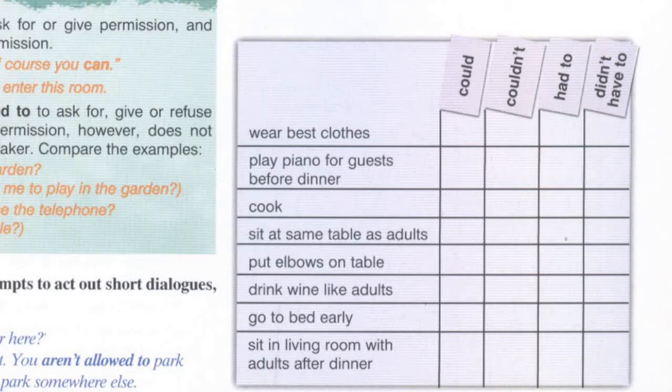So the first part is the best clothes, the second one play piano for the guests before dinner, and then it was cook, and the next one is sit at the same table as adults, and the next one put elbows on table, and the next one drink wine like adults, and then go to bed early, or sit in living room with adults after dinner.